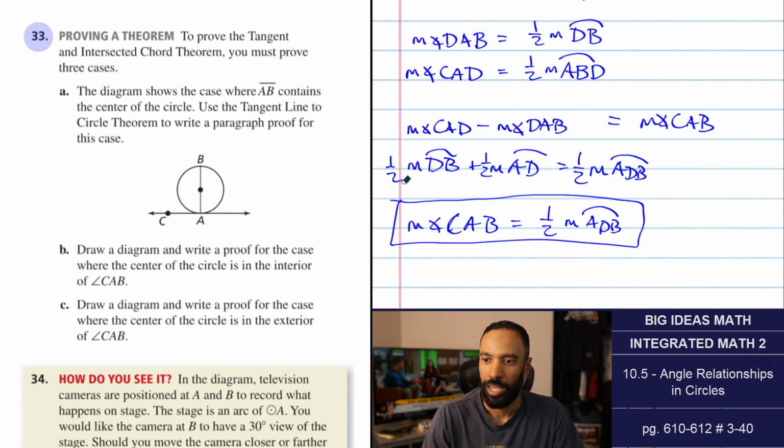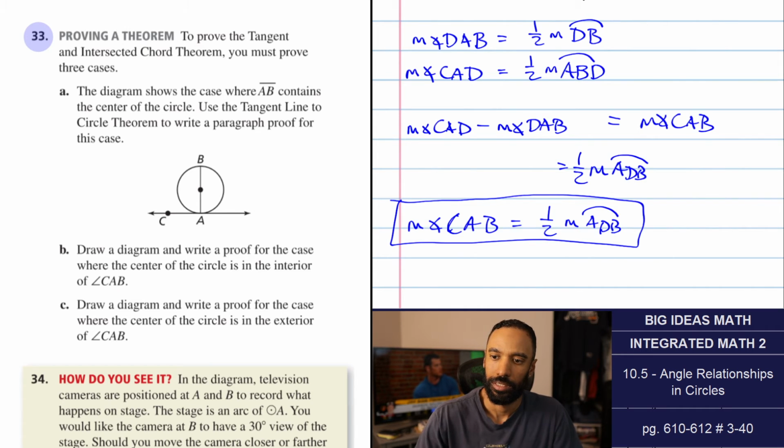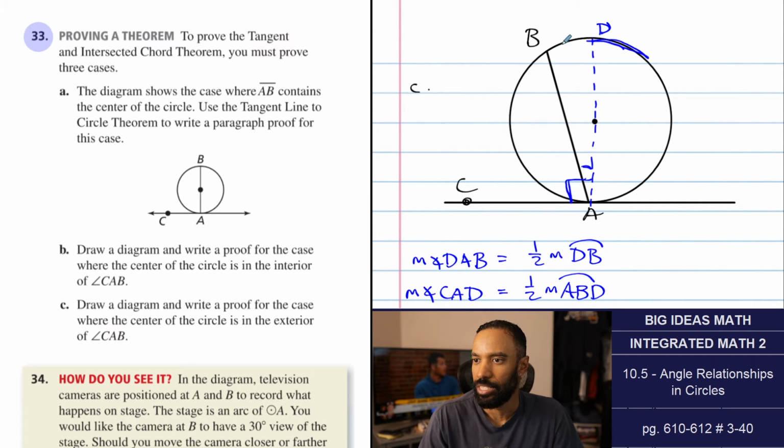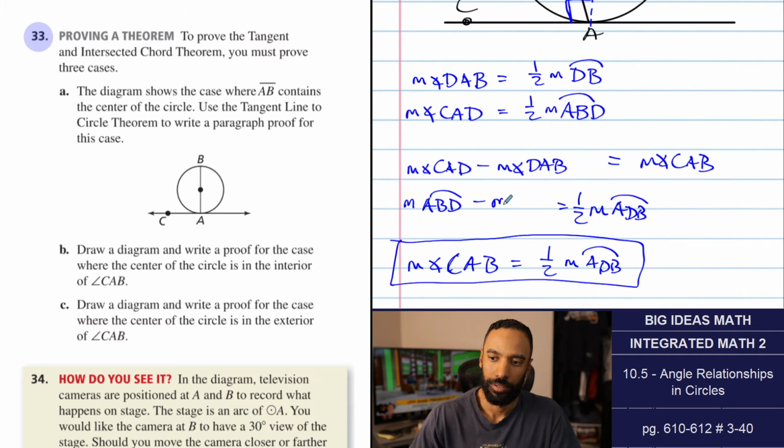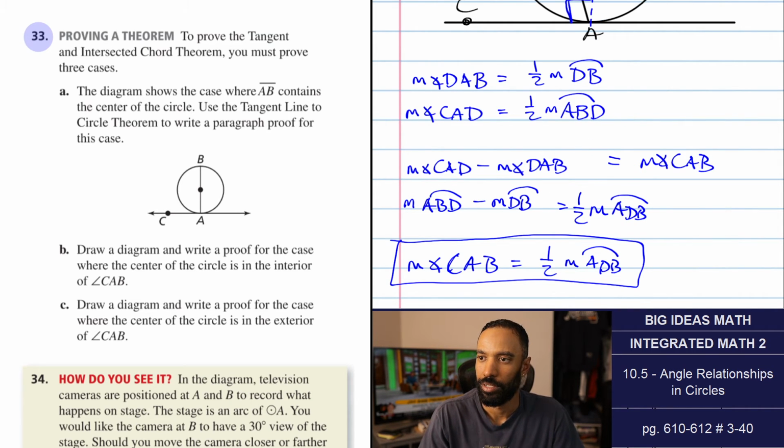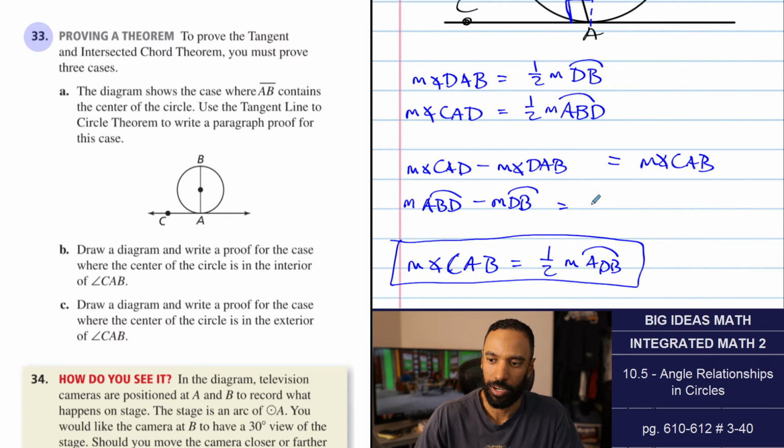Measure of arc ABD minus measure of arc DB, what we had before, equals measure of arc AB. Now it's a minor arc, so we'll call it measure of arc AB.